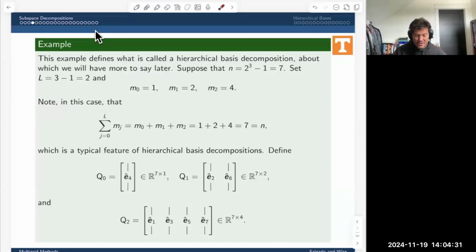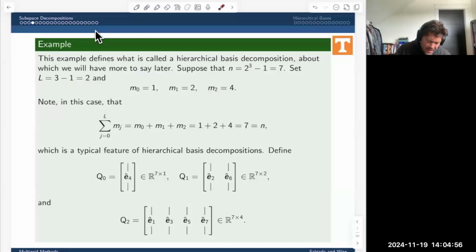They were always powers of 2 minus 1 by our convention. In this case, we're going to take L to be equal to 3 minus 1. So I'm trying to foreshadow what we're going to do in the general case. We look at this, that's a power 3, subtract 1, we get 2. So we're going to use 3 total levels, 0, 1, and 2.